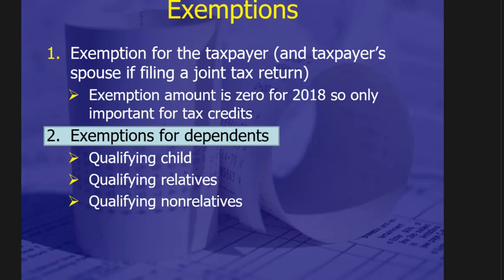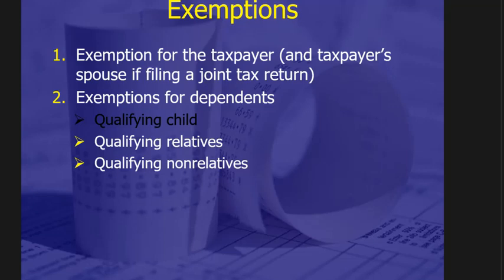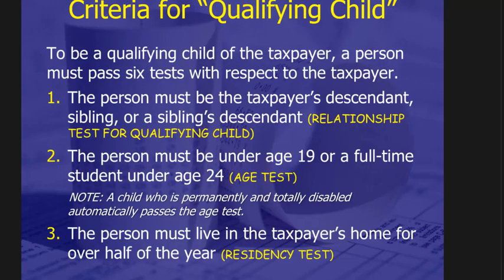So the definition is still important, and we're still going to go over the various ways that you could be entitled to an exemption for a person. First, you can have a dependency exemption. The most common is qualifying child.